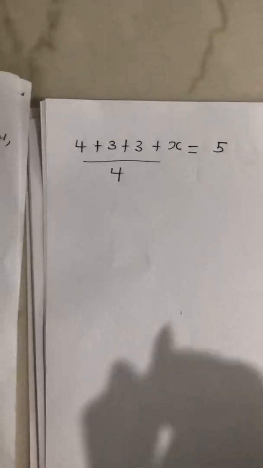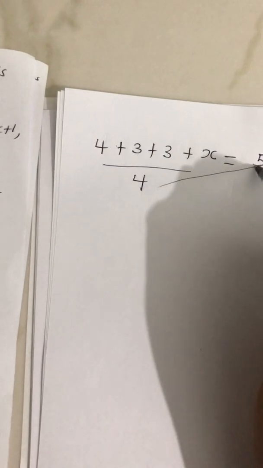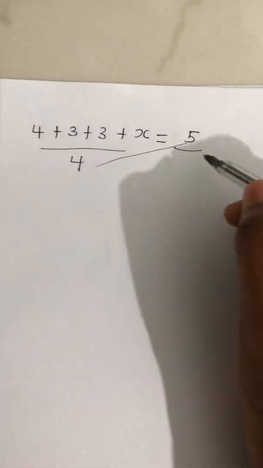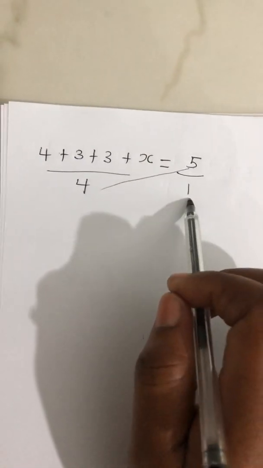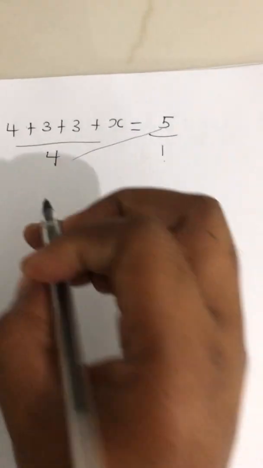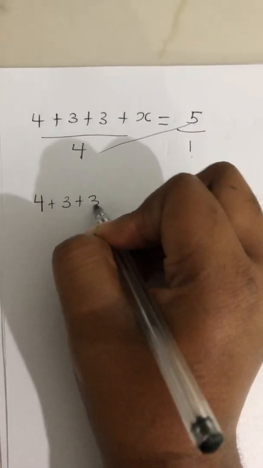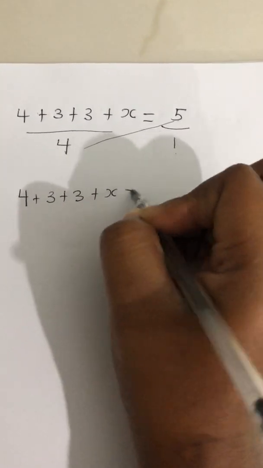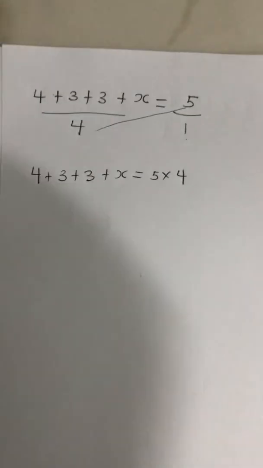So what we do is we cross multiply. So this 4 is going to multiply this 5. The 5 is over 1, so this whole thing here will multiply the 1. So we are going to have 4 plus 3 plus x is equal to 5 times 4.